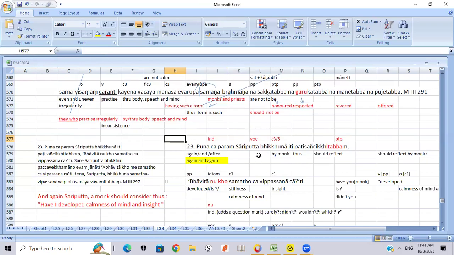Okay, all right. So what happened is Sariputta is a vocative. Can you see this is patisanchikati, patisanchikati prastapang, that means reflect. So reflection technically is a meditation. There are a few types of reflection.